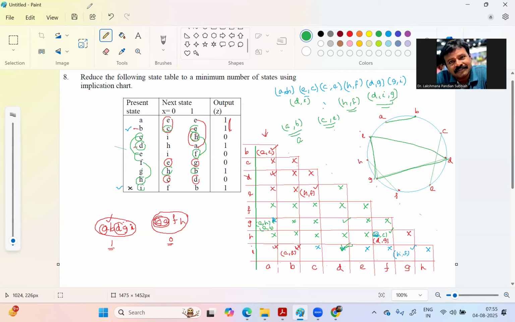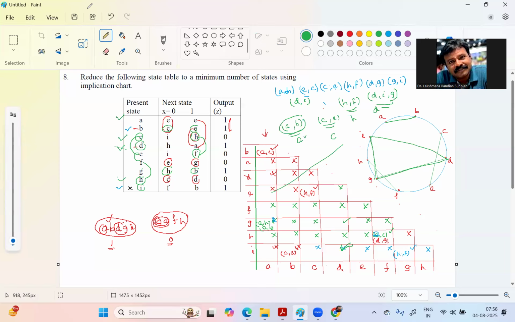So the states are A, C, H, then D. A, C, H, D. You remove all other states and leave A, C, D, H. All other states are removed, and then you have to change the names according to the representative.